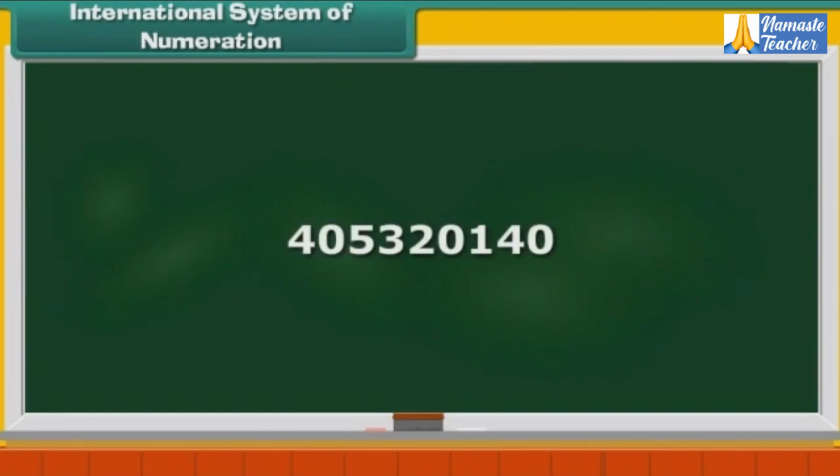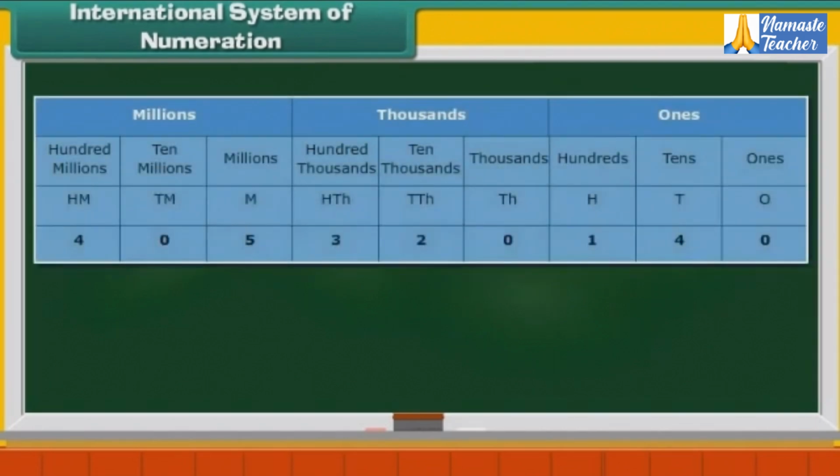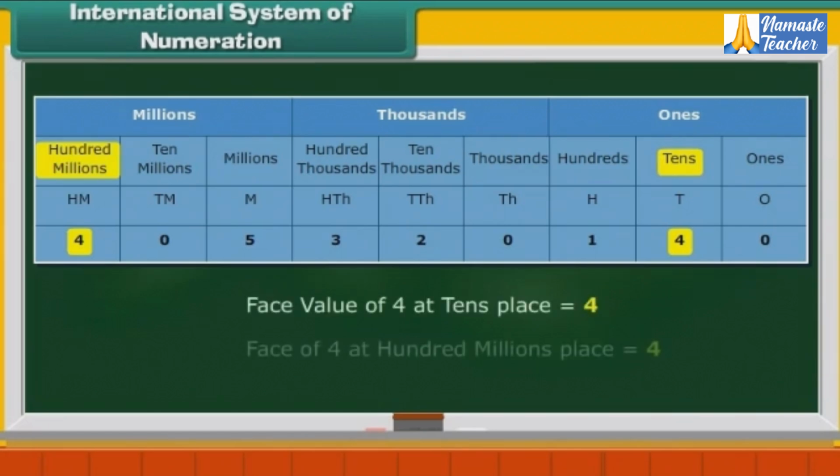Let us now read the numbers with the help of the International Place Value Chart. Consider the number 405320140. First, we arrange it in the place value chart. Digit 4 appears at two places, tens and 100 millions. The face value of digit 4 is 4 at both the places.